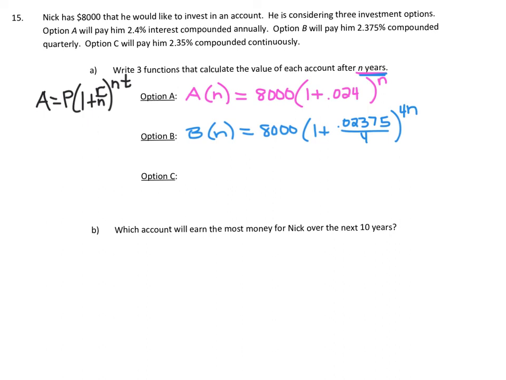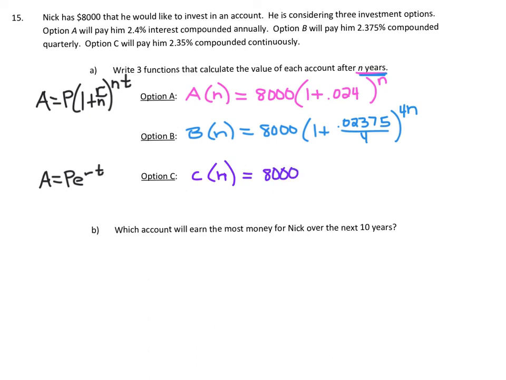Okay, and then finally, option C. Now, option C will pay him this percent compounded continuously. So now we see the word continuously. When you see that, that tells us we're going to use our APERT formula. Okay? So now, again, we have to write it in function form. I've already used A of n, B of n, so let's use C of n equals, and he's investing $8,000.